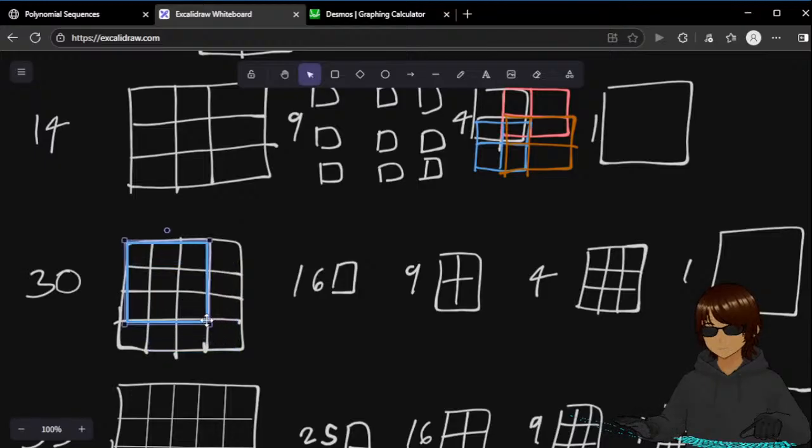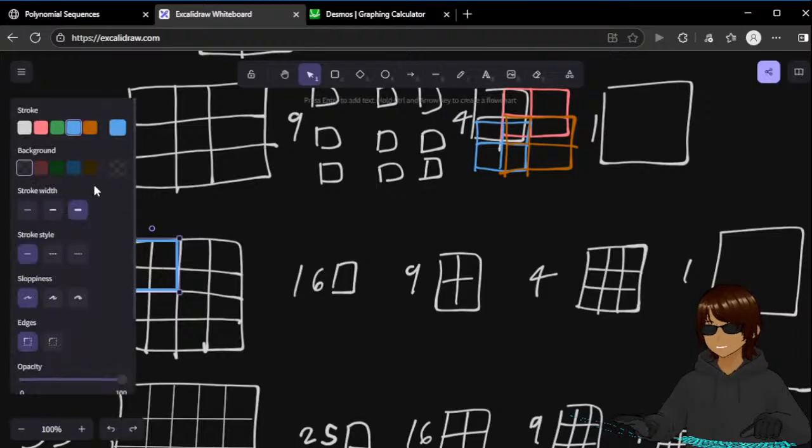And then we go 1 unit smaller. Now we can shift the square in a 3 by 3 space, so there will be a total of 9 of them. If we shift it again, we now have a 4 by 4 space.